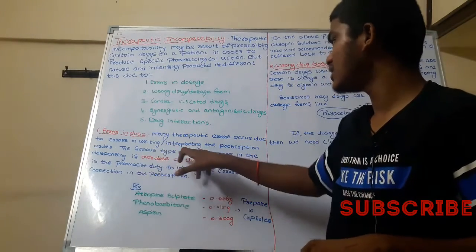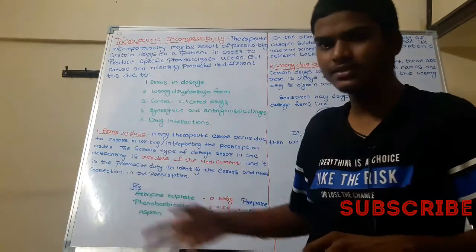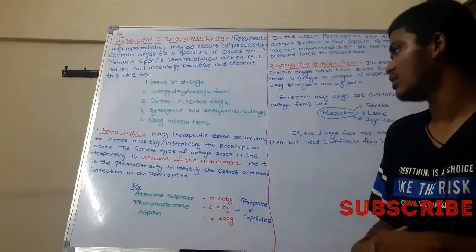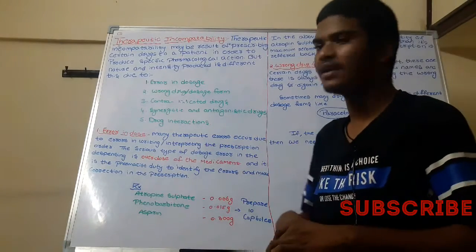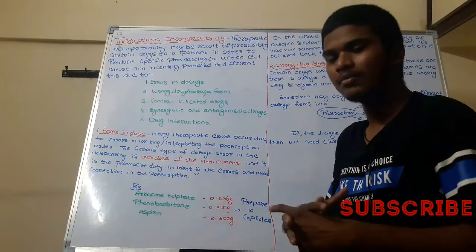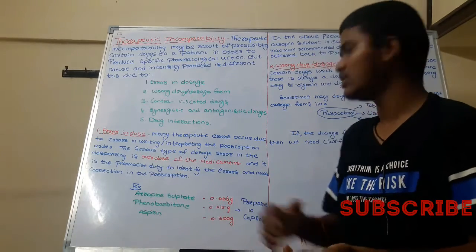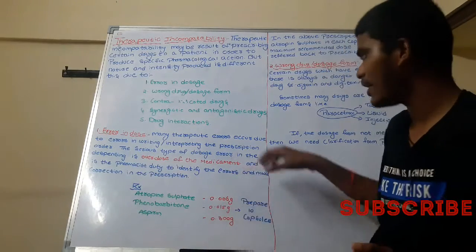The serious type of dosage error in dispensing is overdose of the medicament. It is the pharmacist's duty to identify the error and make the correction in the prescription.